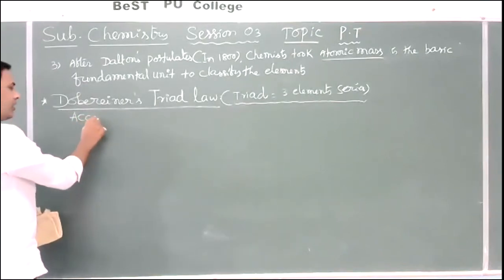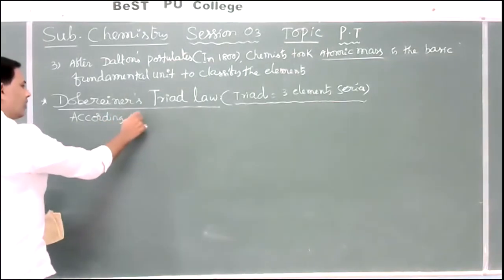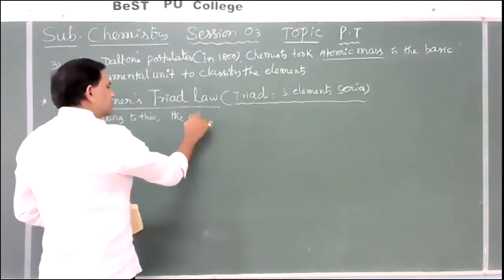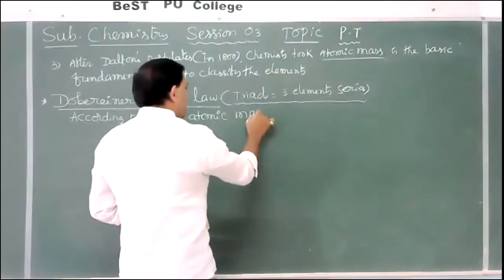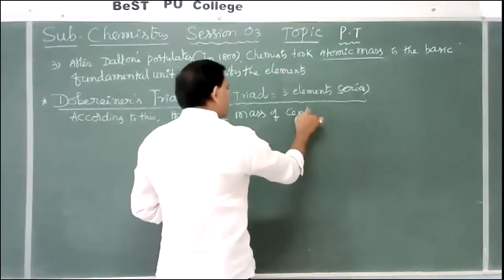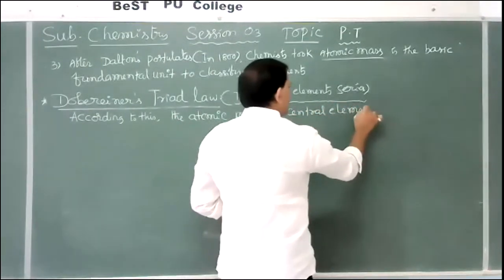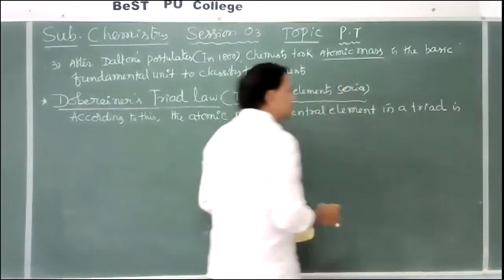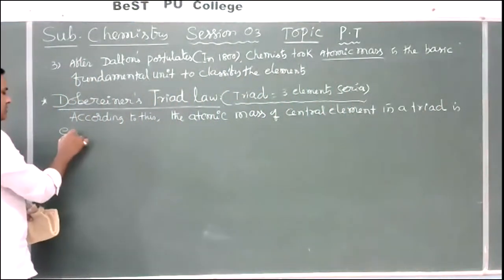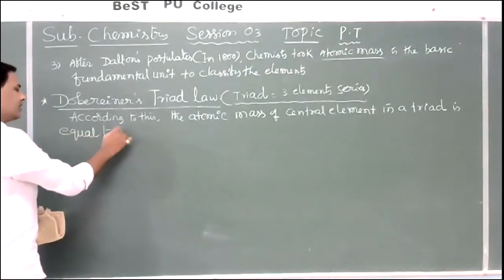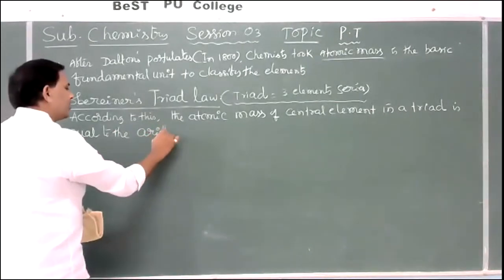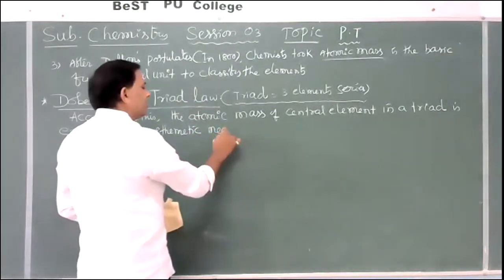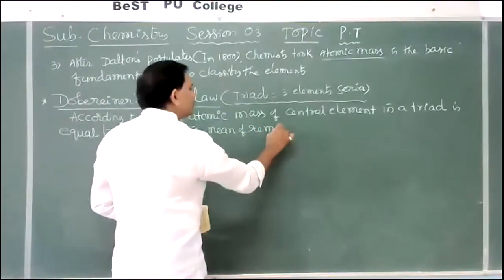The statement is: according to this, the atomic mass of the central element in a triad is equal to the arithmetic mean, or average, of the atomic masses of the remaining two elements in the triad.